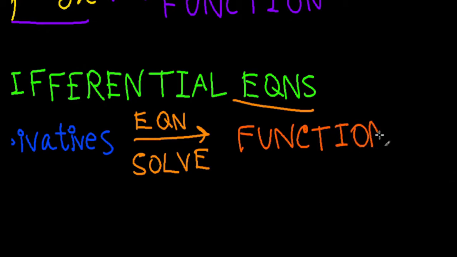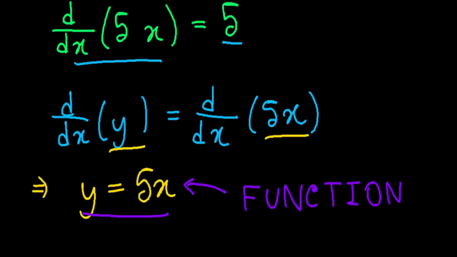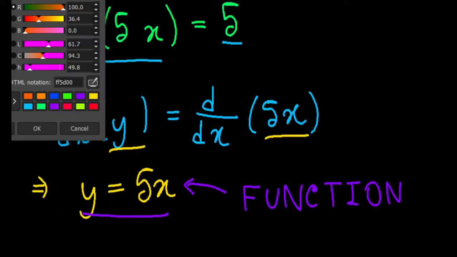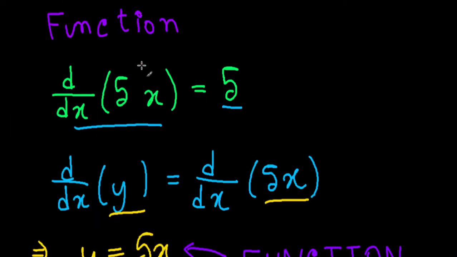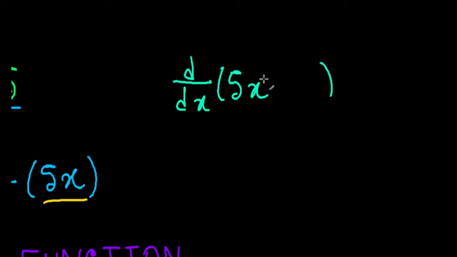With all that said and done, some of you might have noticed that I did skirt past a certain issue, especially if you love integrals. I did say that the derivative of 5x is equal to 5. That's not wrong. Let's look at this again and take some more time. The derivative of 5x equals 5.